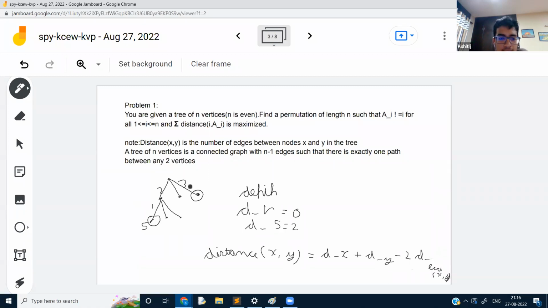So basically, let these be the two nodes, and we will add more nodes over here. So distance between node 5 and let this be node 4. The depth of this is now 3, since there are 3 edges on the path from the root to the node. And the distance of this is 2.